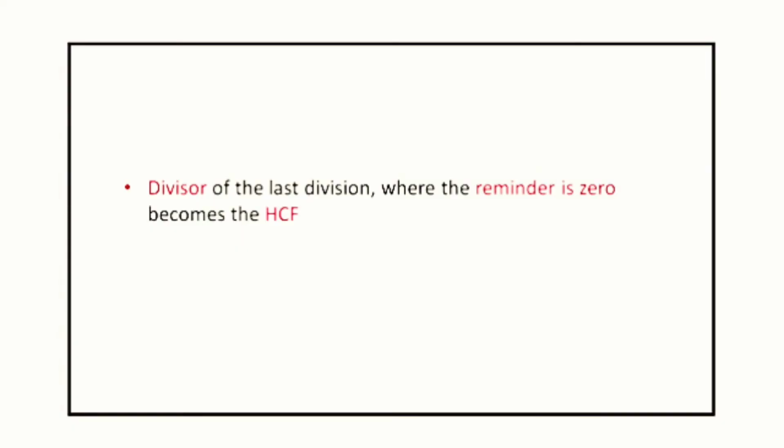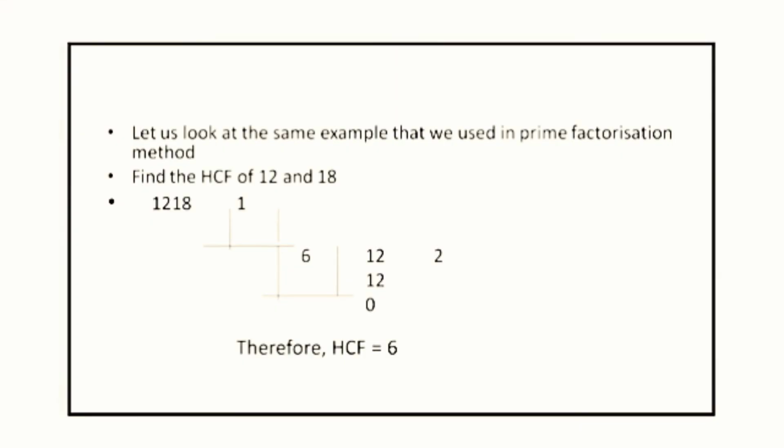The divisor of the last division where the remainder is 0 becomes the HCF. So, by the end of the division, we need to determine that divisor in which the remainder becomes 0 as the HCF. Let us look at one example to determine the highest common factor using the long division method.